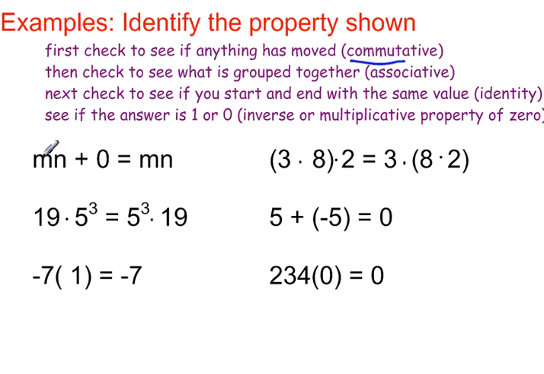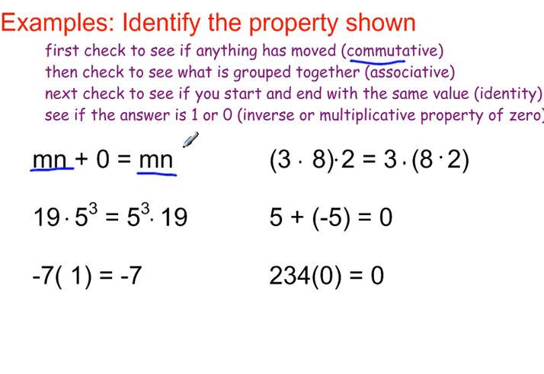So in this first problem, mn, 0. And on the other side, I don't see that 0, so this can't be commutative because nothing moved. Then I'm going to see if something different is grouped together. Nope, can't be that. Next, I'm going to check to see if I start and end with the same value. I started with mn and I ended with mn.